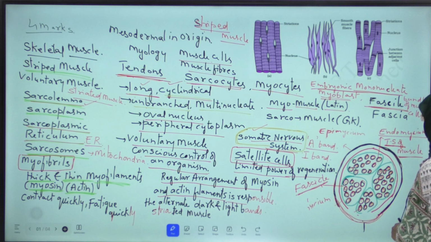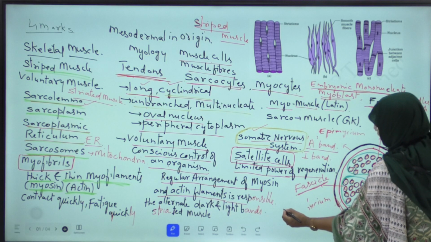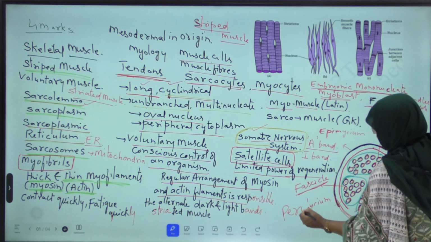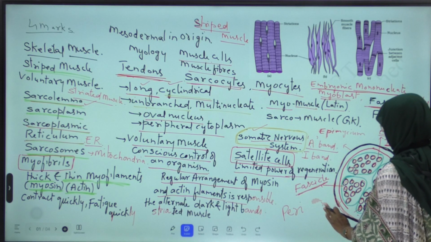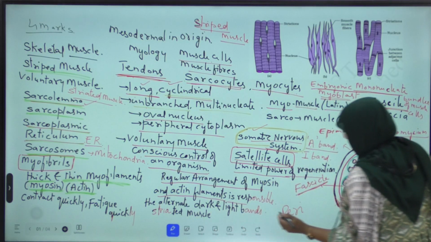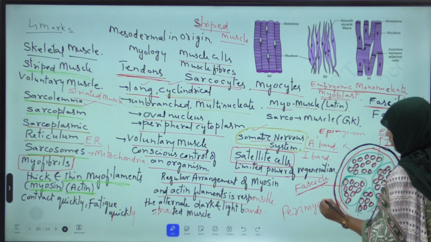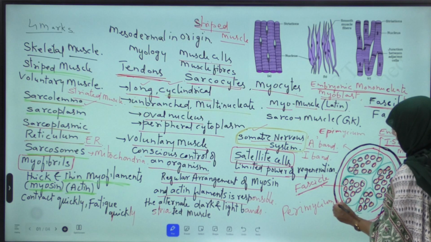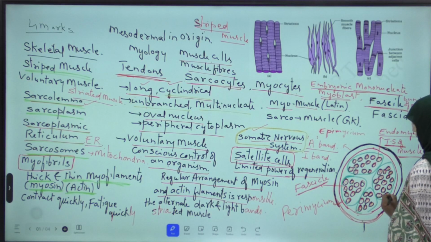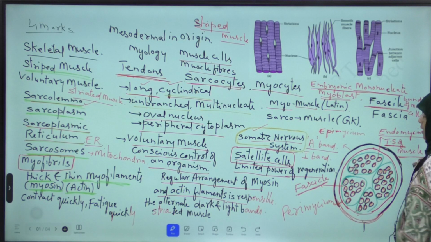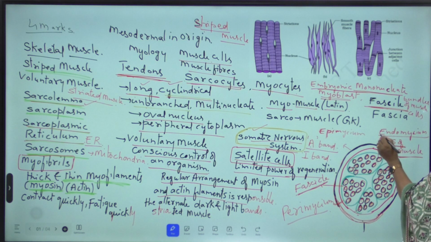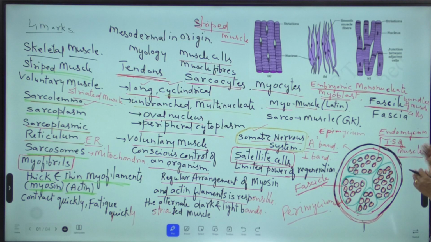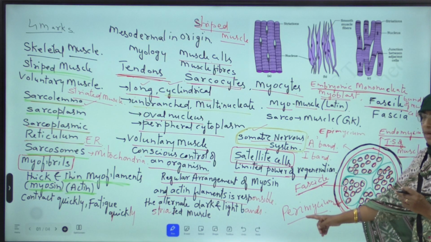It is called perimysium. What is perimysium? Each fascicle is covered by a thin connective tissue membrane called perimysium. An individual muscle cell is covered by endomysium.